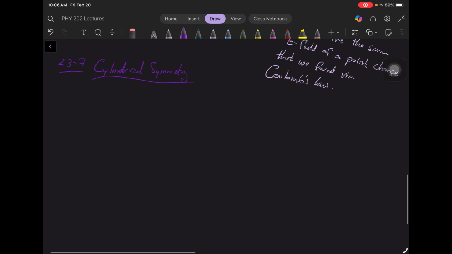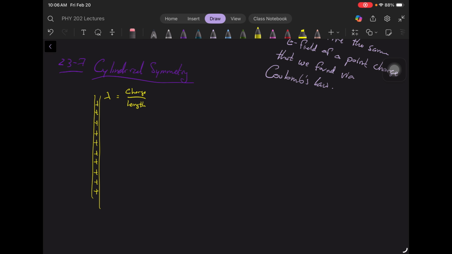All right, and so now let's say we have some line of charge, which we can say it has some charge density lambda, which is going to be charge per length.